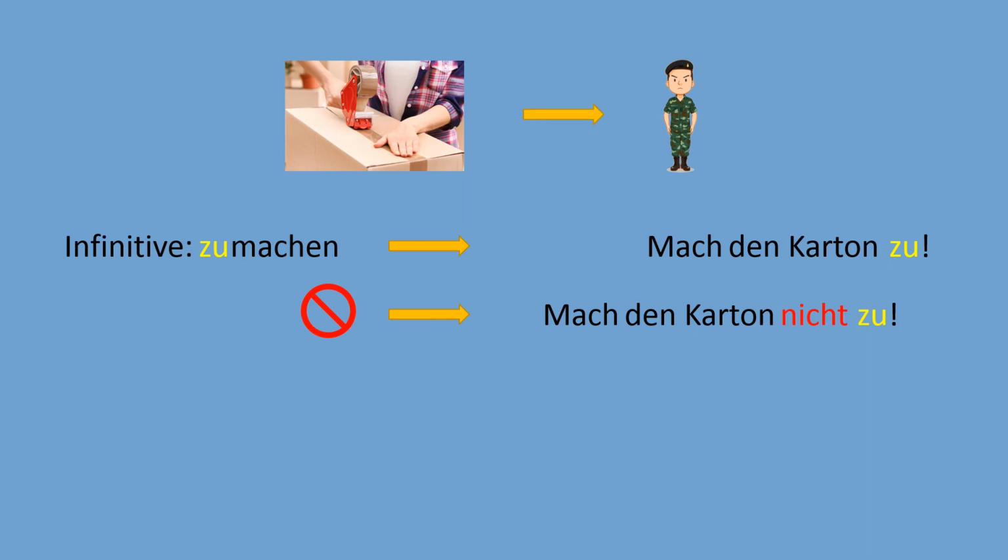And if you see nicht as the second last element standing in front, preceding the prefix, that is for you an indicator that what we negate in this sentence is the process, the verb itself. Okay? Good. Do we always separate the prefix and put it at the end of the sentence? No, sometimes we have a different situation.